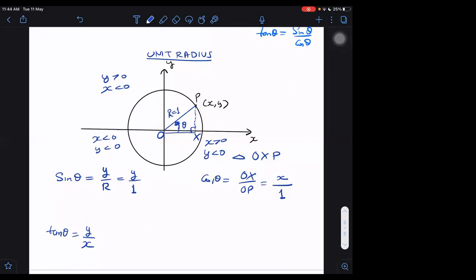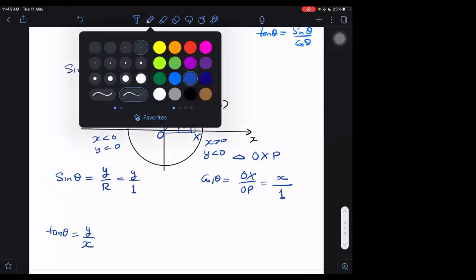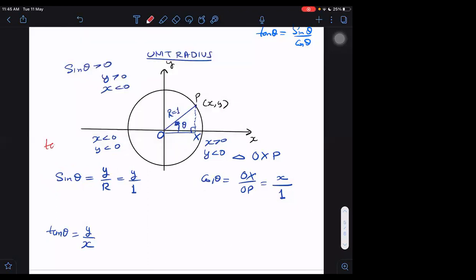So remember, cos theta will have the same sign as that of x, and sin theta will have the same sign as that of y. From here, I can tell that sin theta will be positive in this quadrant, and tan theta will have what sign? Tan theta will be positive when y and x both are negative.